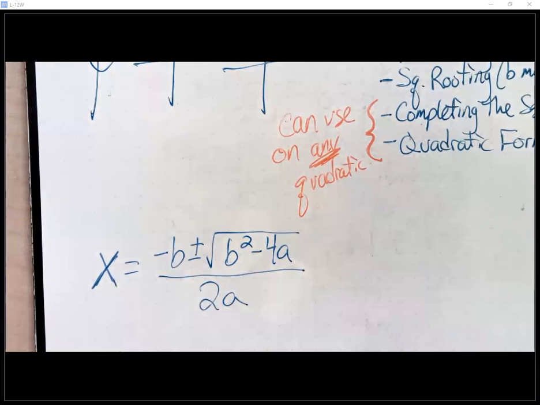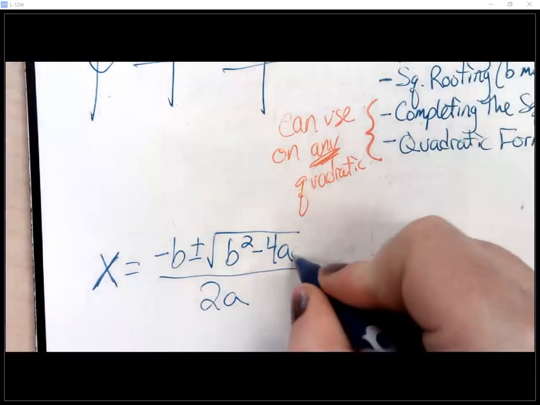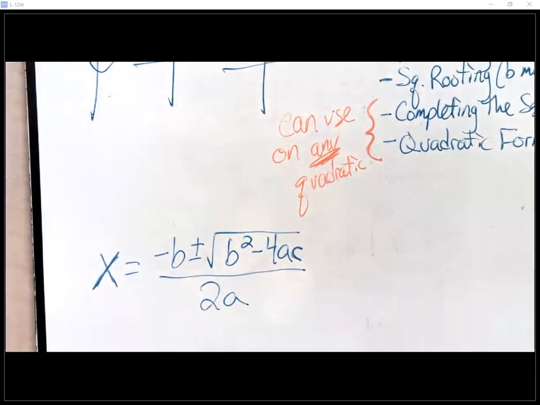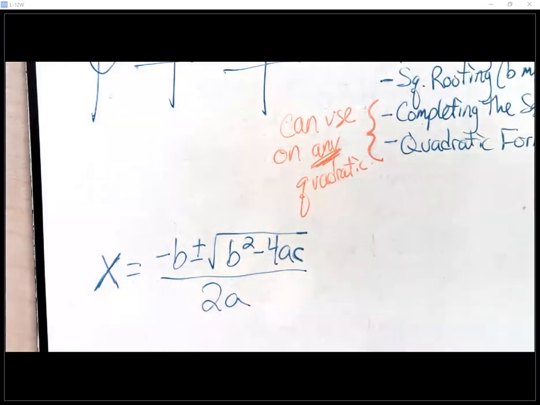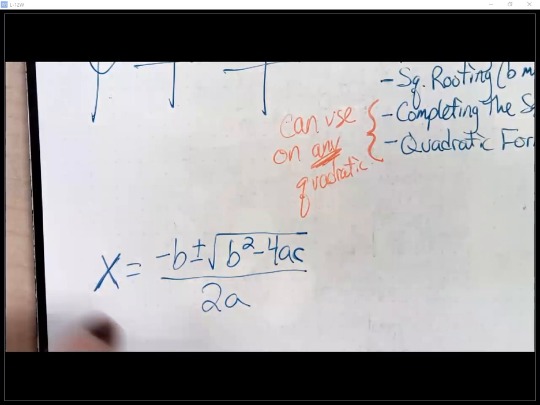Oh, wait, where's the C? Oh, I forgot to write it. Sorry, my bad. I only know it because of the song. Yes, okay, thank you. I'm so glad you saw that. All over 2a.